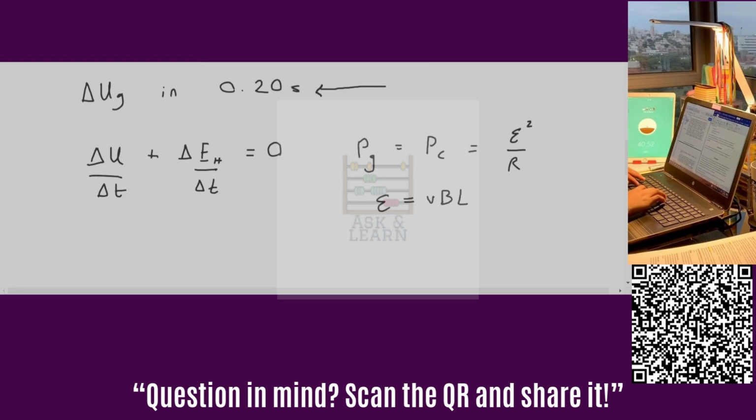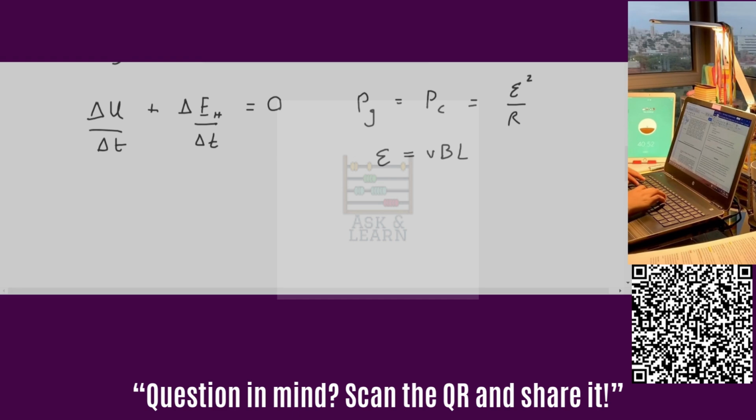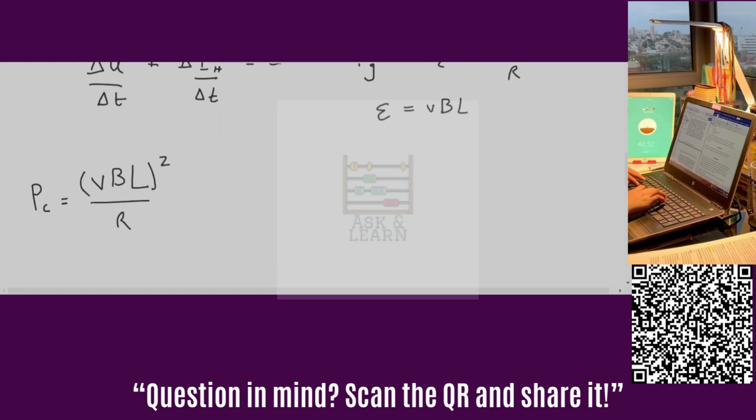And we know that if we multiply a power times a time, we'll end up with our energy. So if we substitute in for our EMF there, we'll have (VBL) squared over R is equal to the power dissipation in our circuit. And if we multiply that times delta T, we will have our change in potential energy.